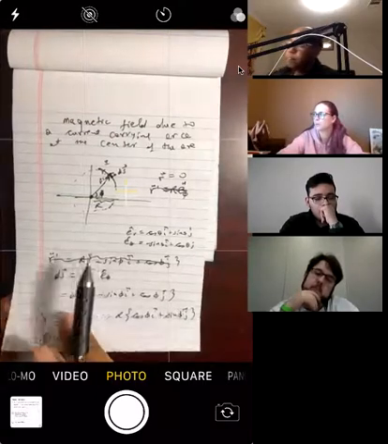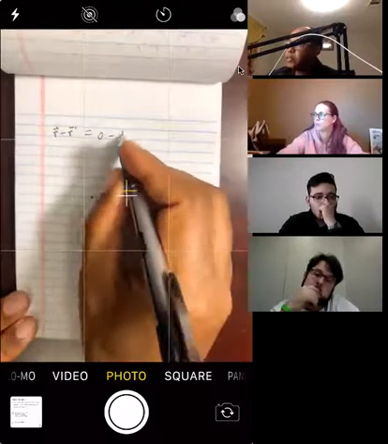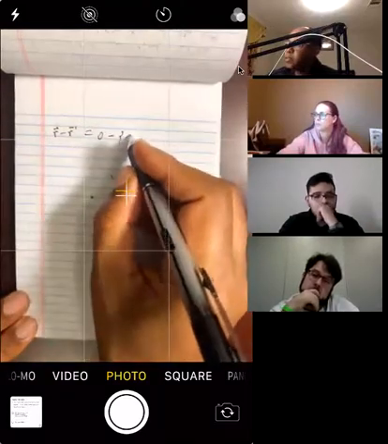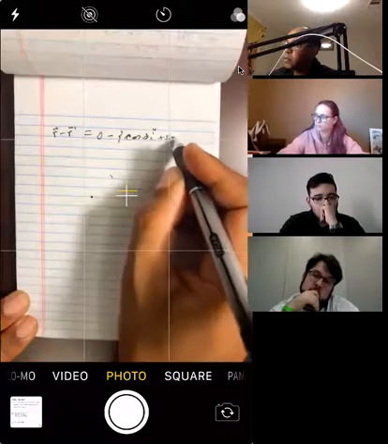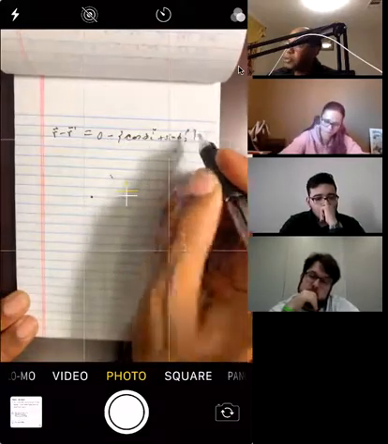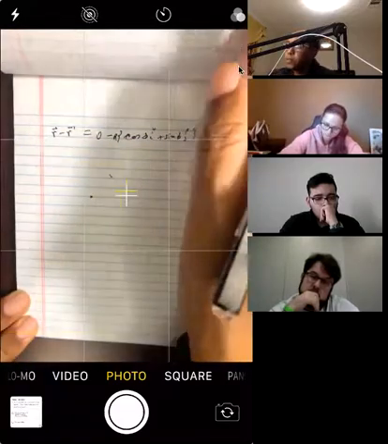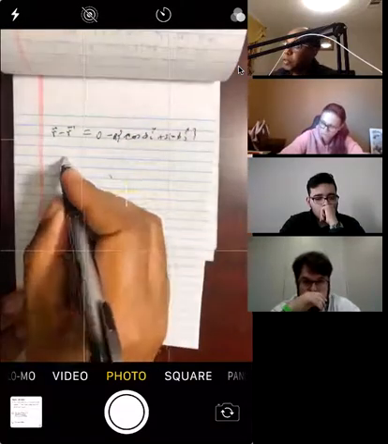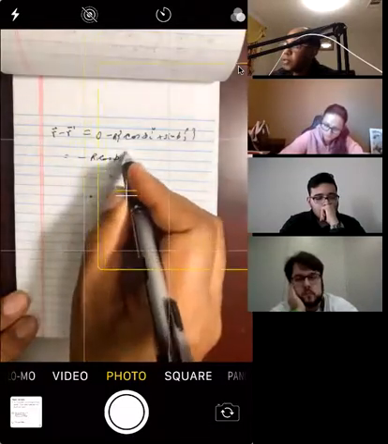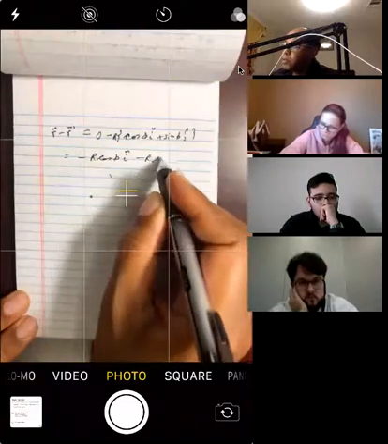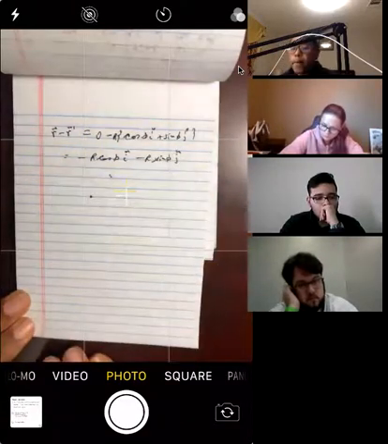So this is 0 minus r times cosine of phi in the i direction plus sine of phi in the j direction. All right. So this is my r minus r prime. So it's basically negative r cos phi in the i direction minus r sine phi in the j direction. That's r minus r prime.